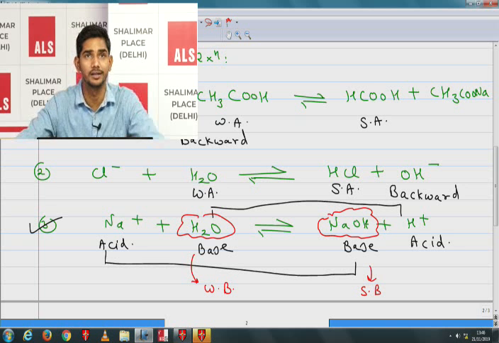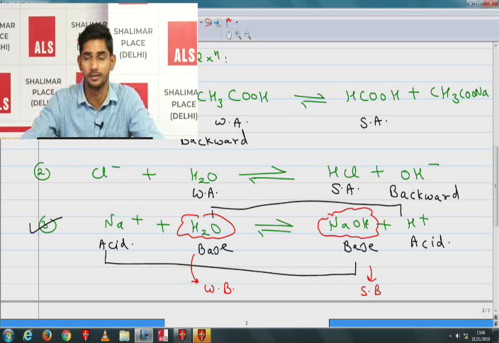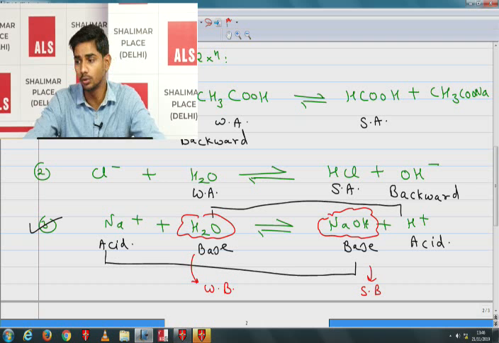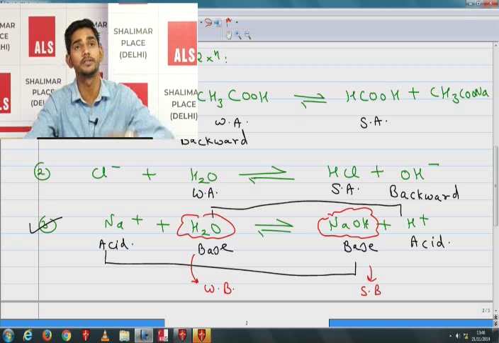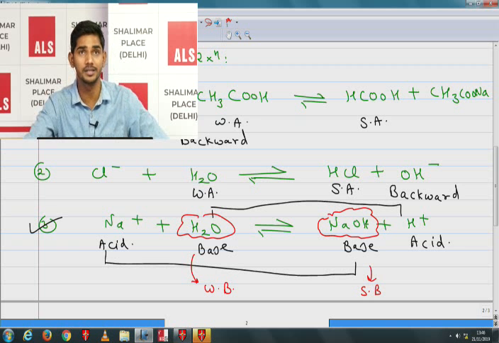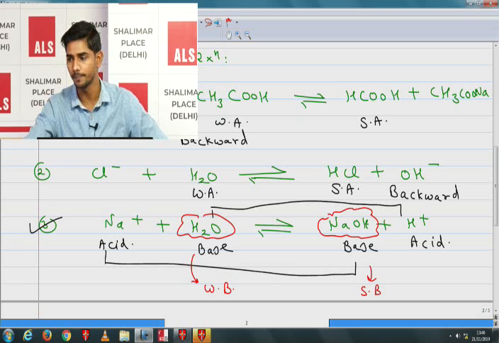I can take another example to explain such types of questions. But I'll suggest don't just look at the reactant part of the question, also check the predicted part. If you are not clear with the reactant side, because the reactant can't decide which one will be the acid and which one will be the base.